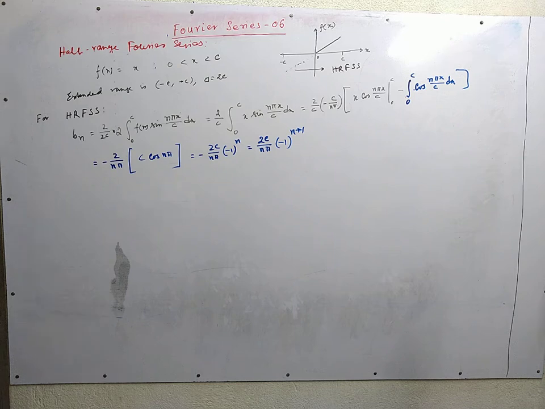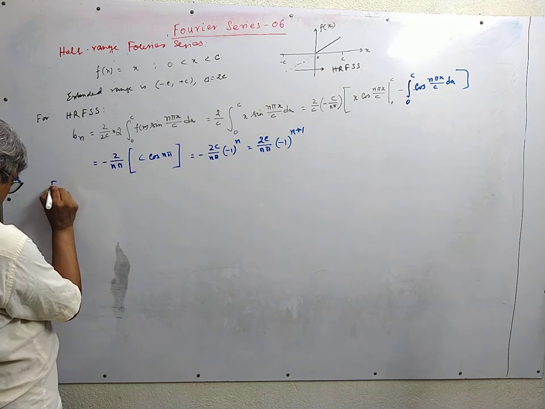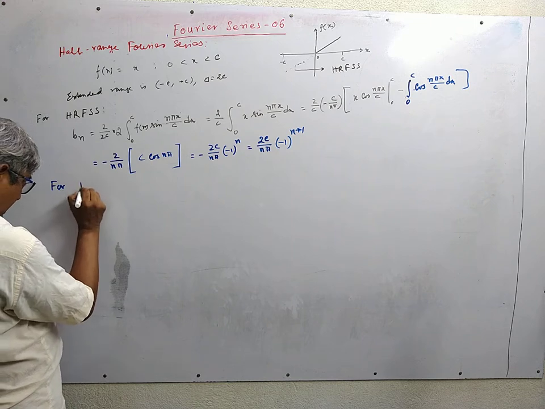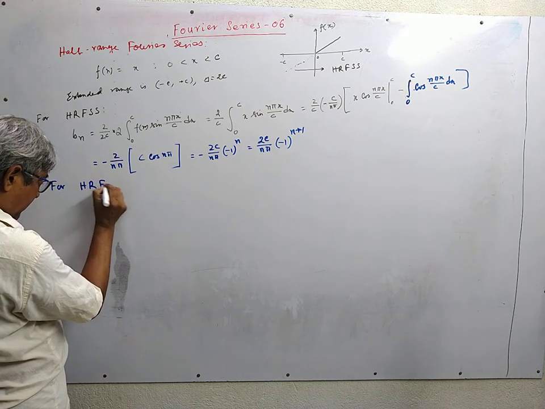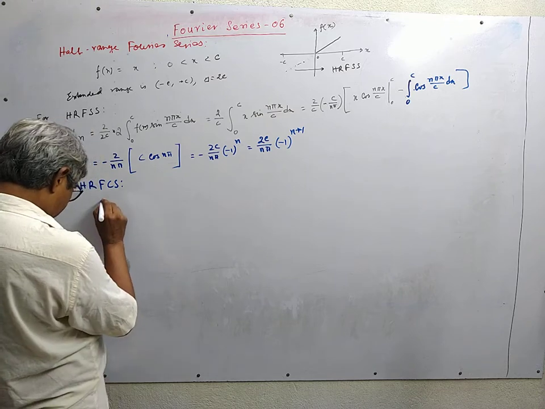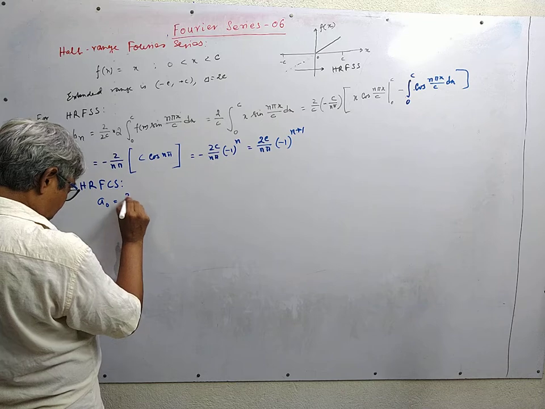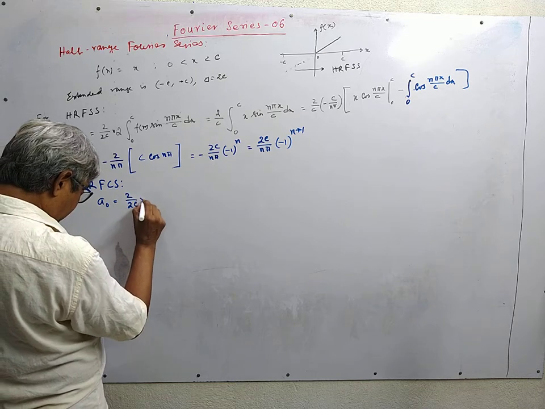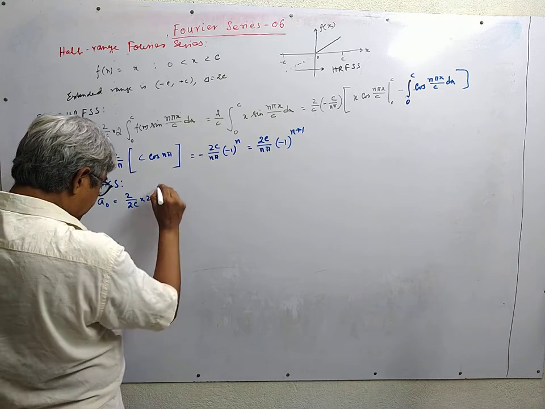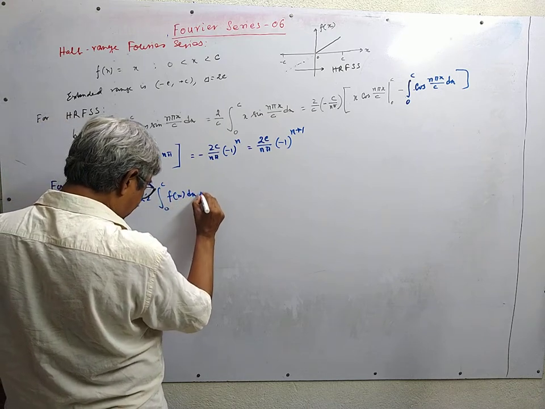And now if we expand this in Fourier cosine series, half range Fourier cosine series of the same function, first we need to calculate a0. a0 is 2 upon 2c into 2, integral 0 to c f of x dx.